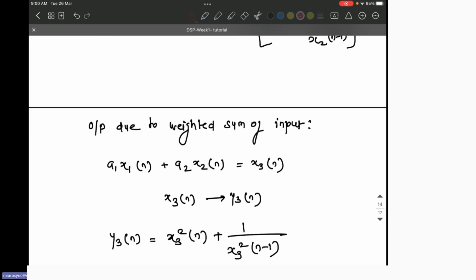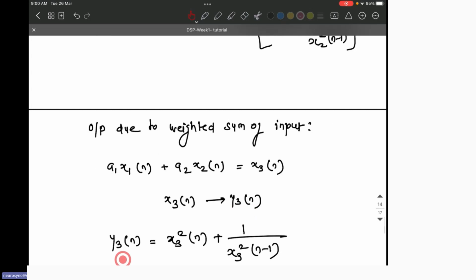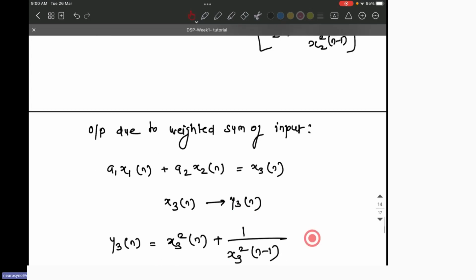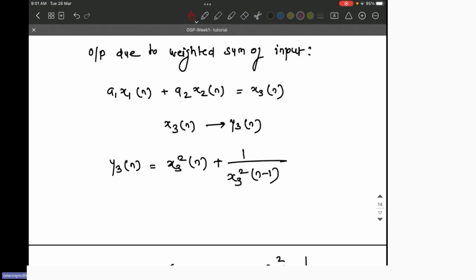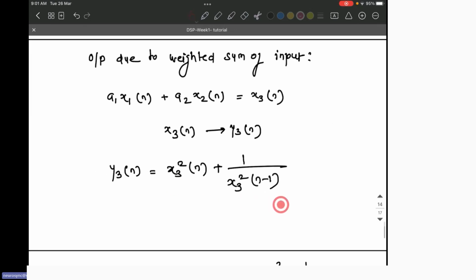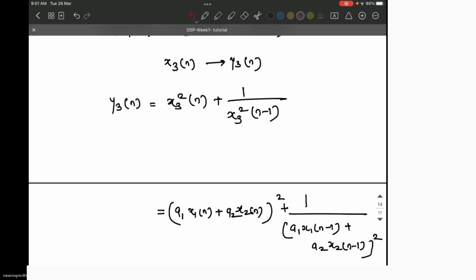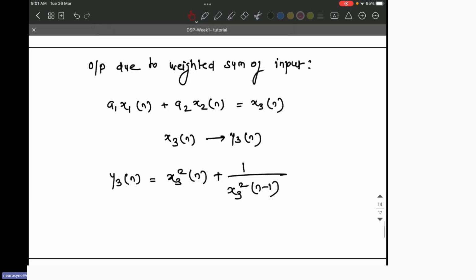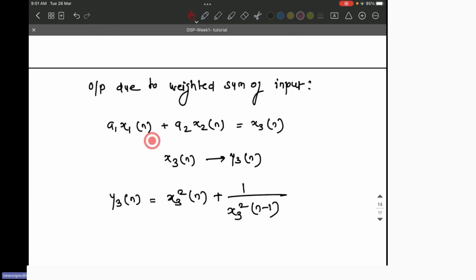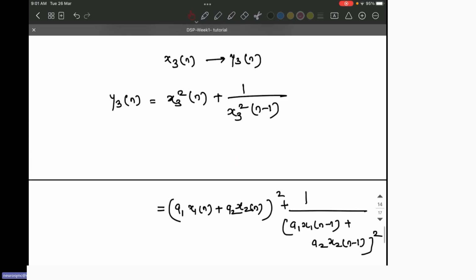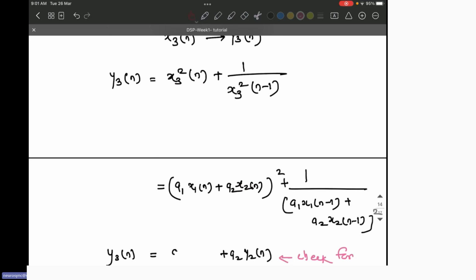Let us consider x3n will give output y3n. Now this y3n I can represent like this. Correct. Now this y3n is what? x3 square n plus 1 by x3 square n minus 1. Correct. Now, what is x3 basically? x3 we have already defined here, which is a1 into x1n plus a2 into x2n. Okay, so you put the value of x3 here.